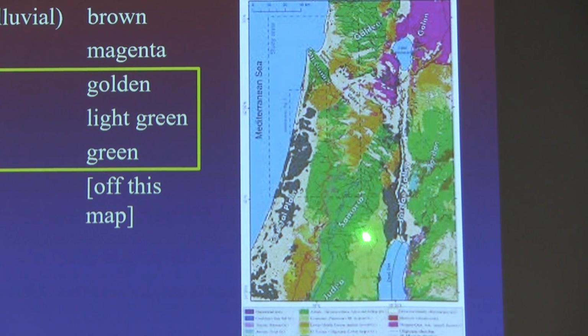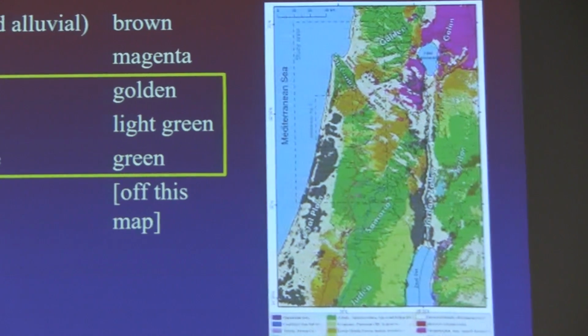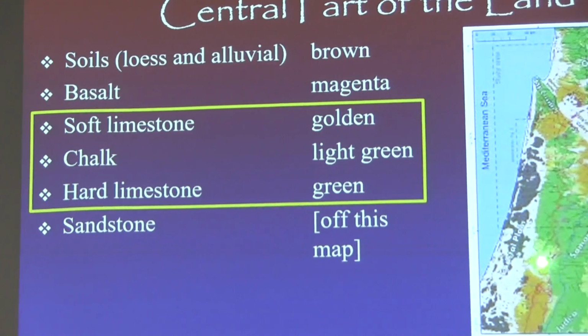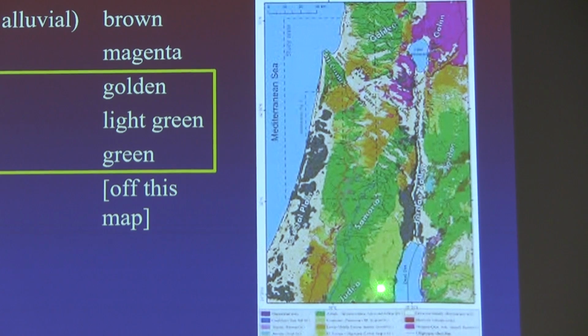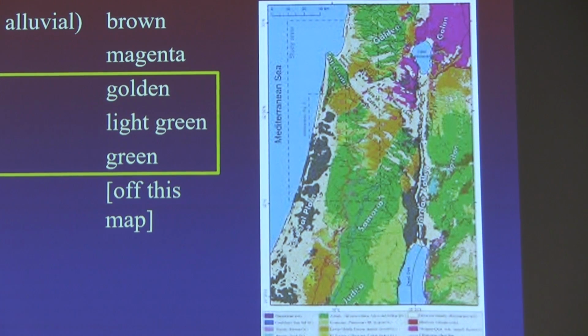So light green is our chalk. Just to remind ourselves, when the rains come from the west, they're rising, the clouds rise, they deposit on these slopes here. Only 2 to 4 inches of rain in this rain shadow area. When you don't have lots of rain, the erosion isn't quite so severe, and therefore this is going to be primarily chalk exposure right here.